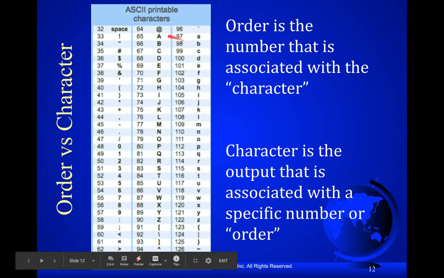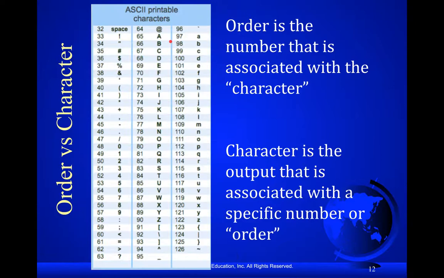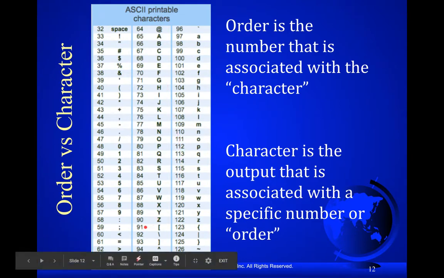These capitals and lowercases are separated by the same amount each time, those 32 characters, because after the capitals, you have the left bracket, the forward slash, the right bracket, the caret, as I call it.